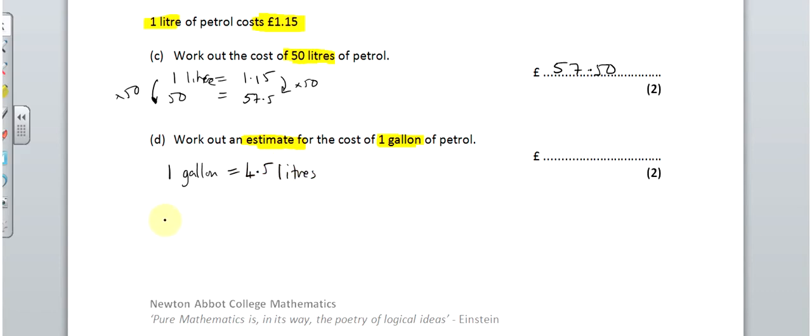Now, remember what we did before. 1 litre is equal to £1.15. And I want to know what 4.5 litres cost, because 4.5 litres is the gallon. So I times by 4.5. 1 times 4.5 is 4.5. Same thing here, and I'm going to use the calculator again.